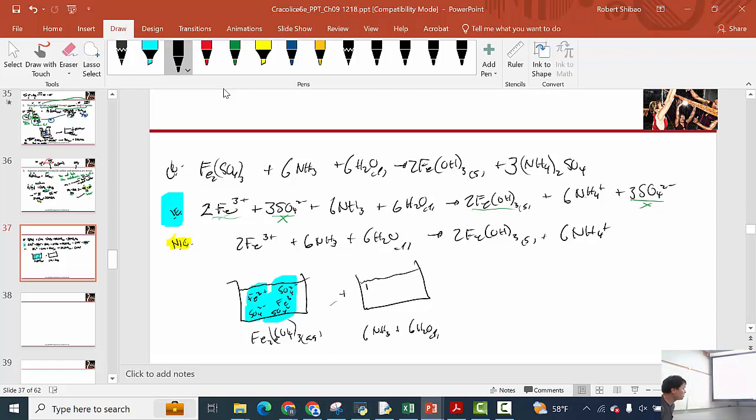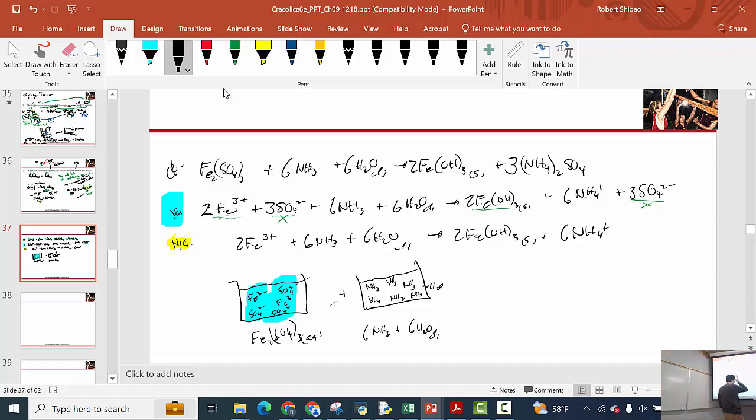Aqueous ammonia consists mainly of ammonia, and we'll have water in here.